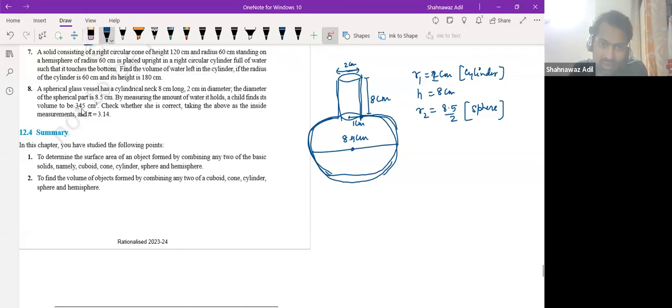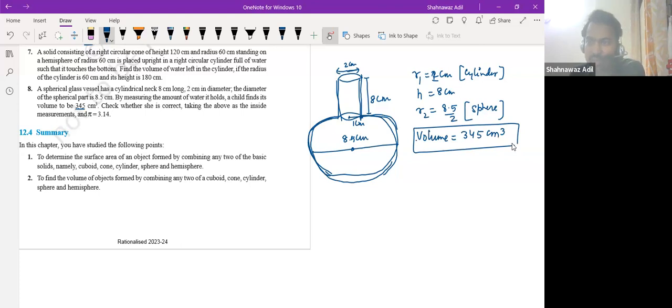They should have also told us to just calculate the volume. So the answer that this child has got is 345 centimeter cube volume. We need to find out whether this is correct or not, right?